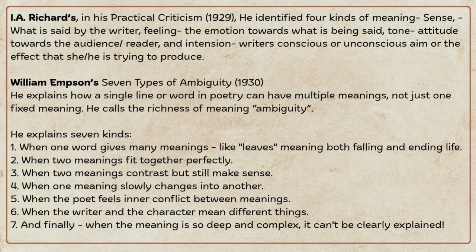Okay, so sense, what is said by the writer; feeling, the emotion towards what is being said; tone, attitude towards the audience or reader; and intention, the writer's conscious or unconscious aim or the effect that he or she is trying to produce. Okay, so this is I.A. Richards' 4 kinds of meaning: sense, feeling, tone, and intention.